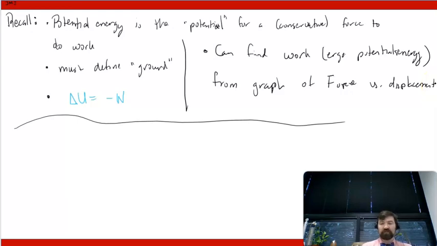So what we want to look at is two specific types of potential energy. The first one is gravity, and in this lecture I'm limiting myself only to gravity near the Earth's surface.